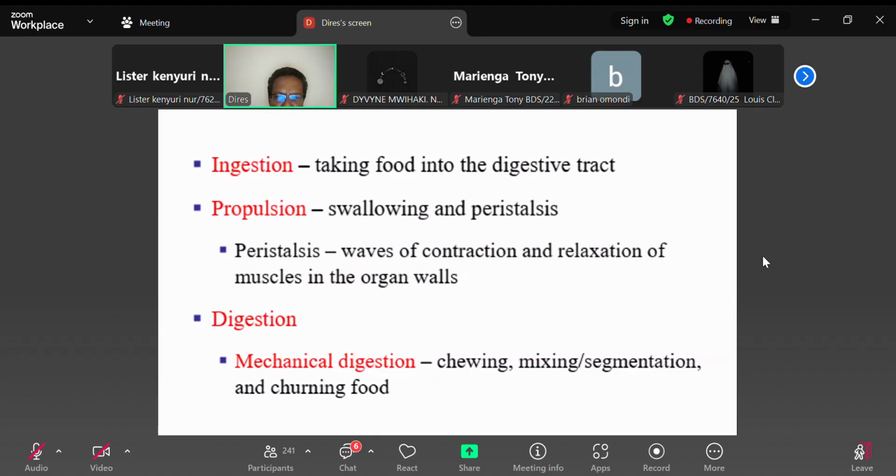But the stomach contracts vigorously, very strong contraction, converting that ball into a soup-type consistency. We call it chyme. By the way, the wall of the stomach is made up of very strong muscles, so the contraction is very, very strong. It converts it to liquid form, soup form, chyme.